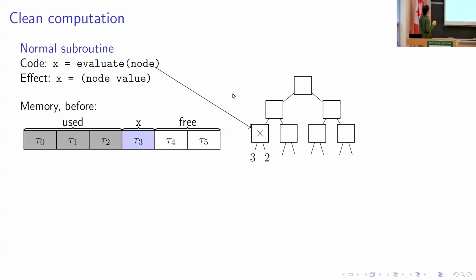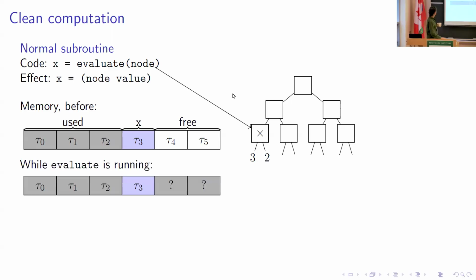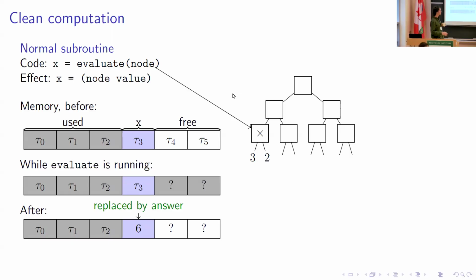Right, so instead of numbers here, I want to actually be a little bit more abstract and write symbols for what the starting values of the memory cells are. So for example, tau0 is going to be what the first memory cell starts out with, and so on. Okay, so we run our subroutine. While it's running, it'll make some changes to the free memory, and I've represented those as question marks. We can't really say anything about what the free memory contains while it's running.